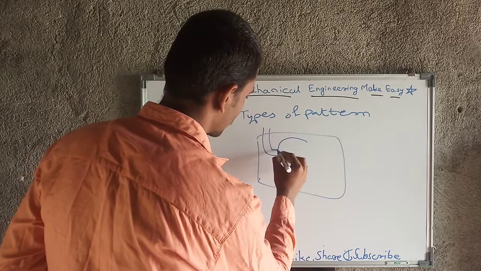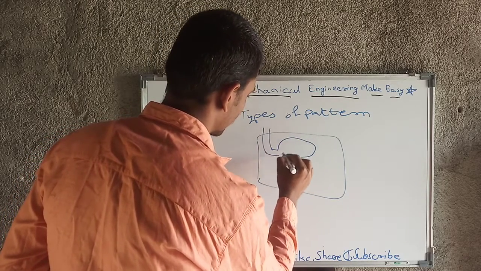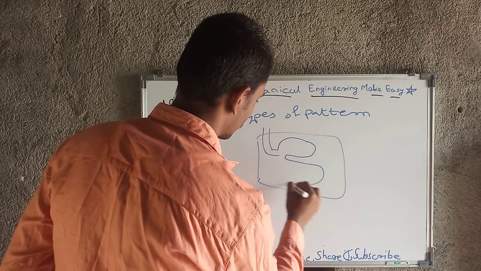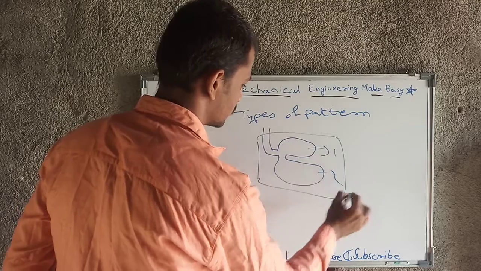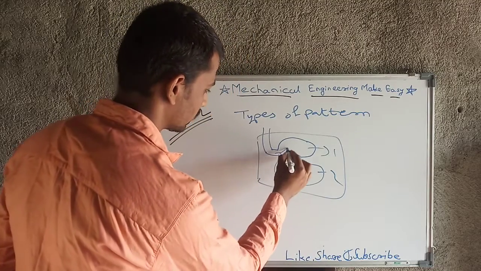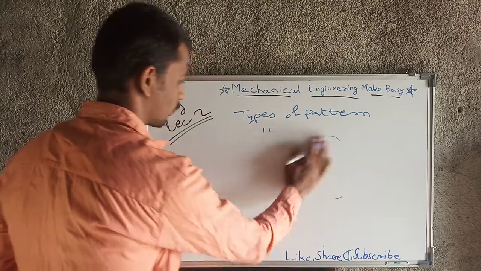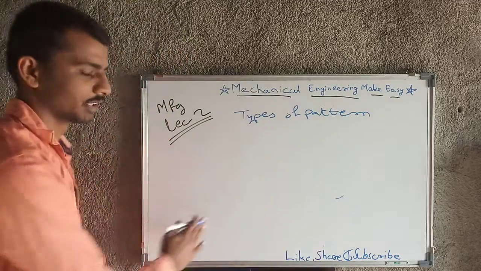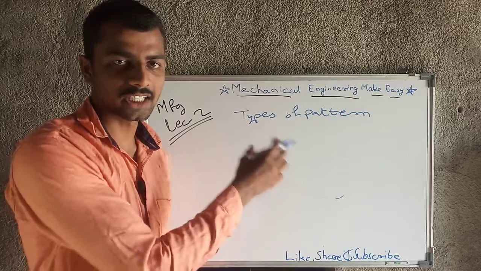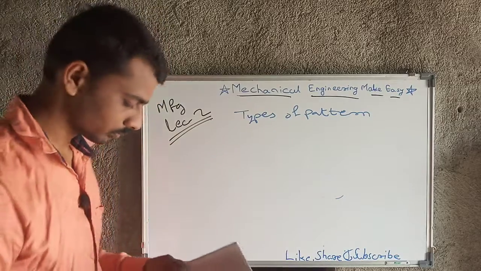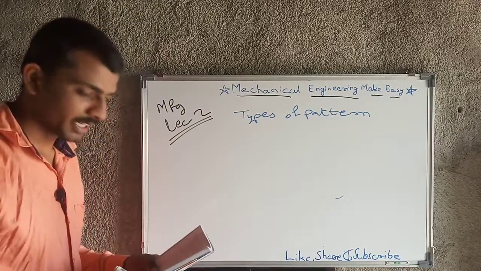So here the pattern will be made with the gate provided to each pattern. This is one piece, this is two piece, so the gate is provided. The basic concept is that gates are provided to every pattern, that is nothing but the gated pattern.